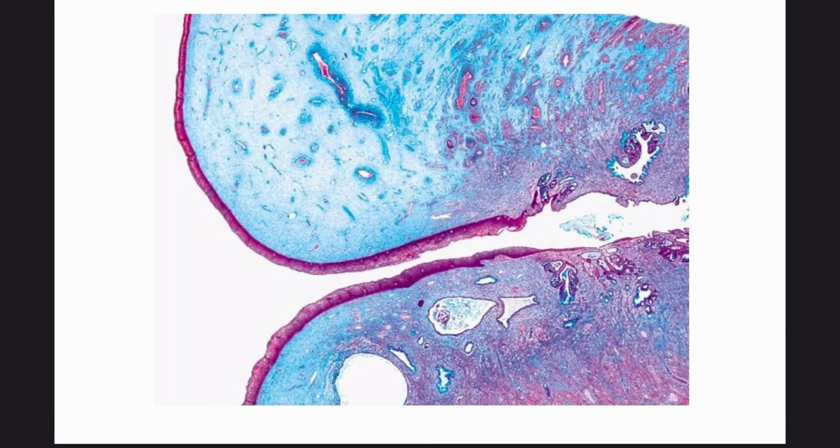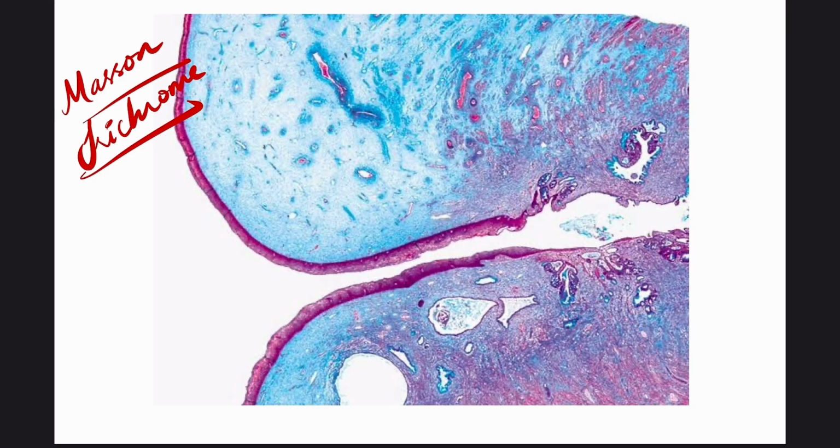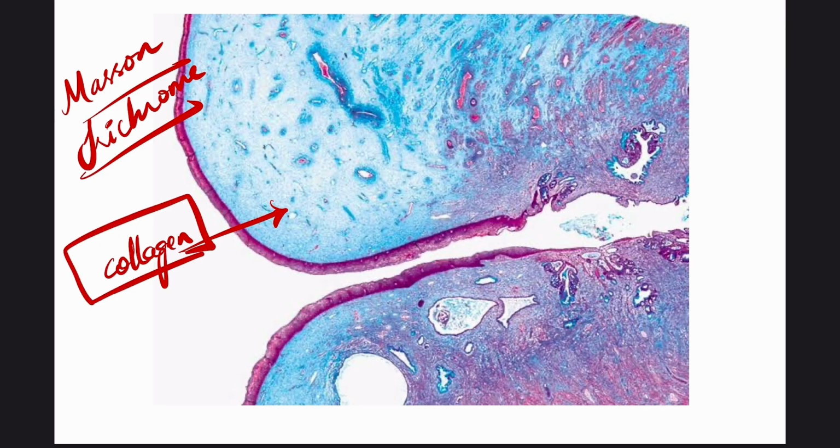This is the Masson trichrome special stain, showing you a differently stained cervix. The blue stain shows you the collagen component. Since the cervix is highly fibrous tissue, 85% of the cervix is made up of fibrous tissue composed of collagen and elastin.